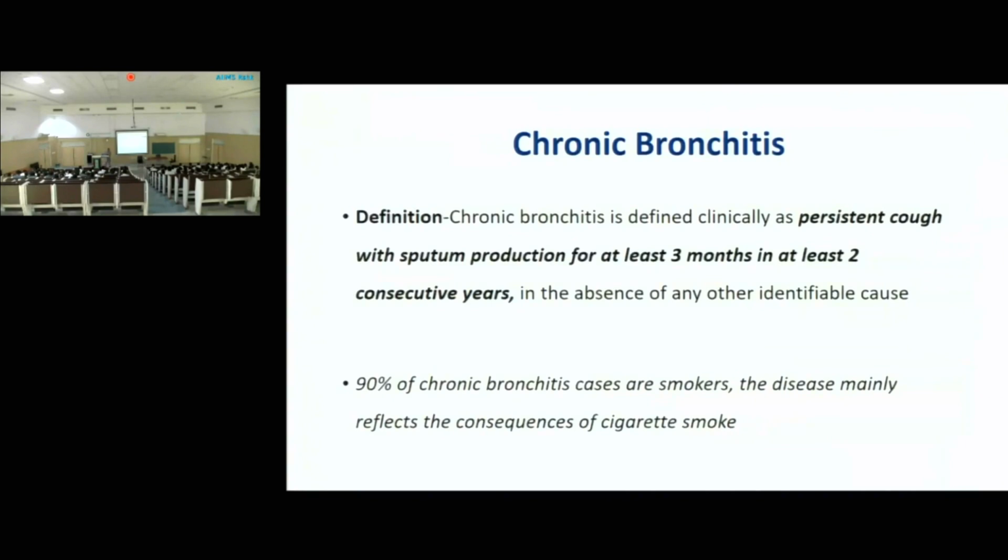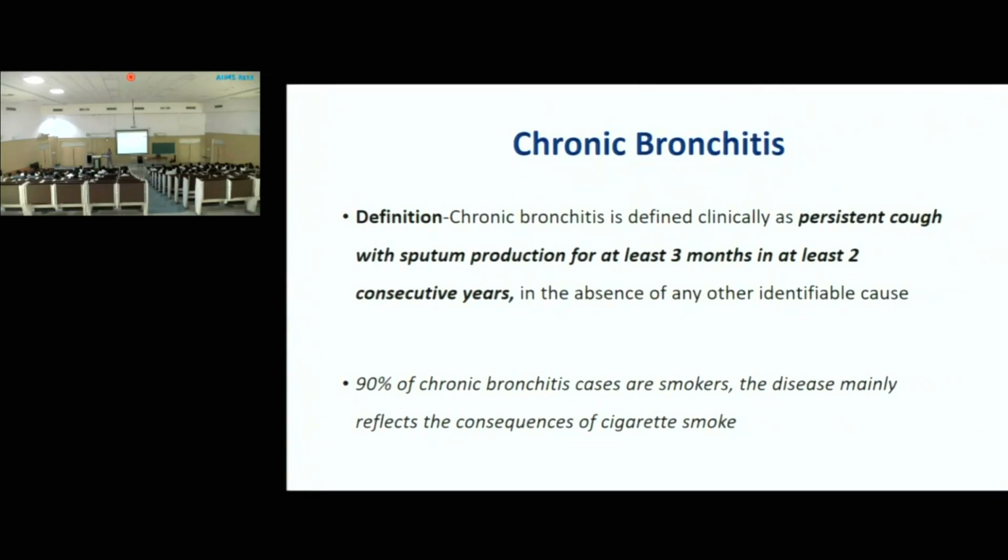So the first entity we will learn today is chronic bronchitis. What is the definition of chronic bronchitis? It is defined clinically as a persistent cough with sputum for a duration of almost 3 months over at least 2 consecutive years in the absence of any other identifiable cause.